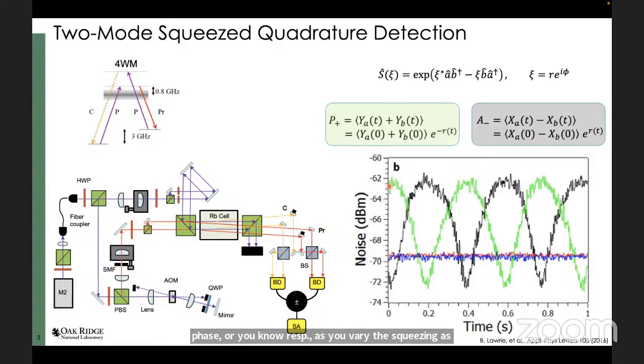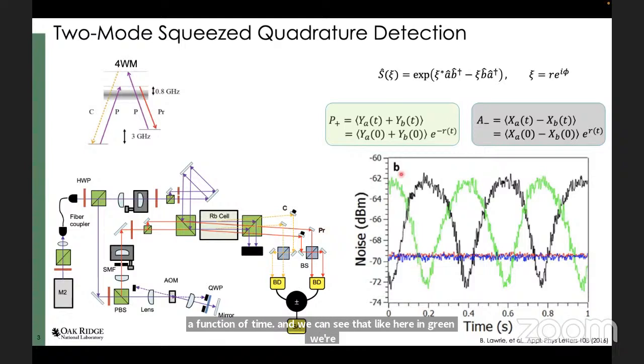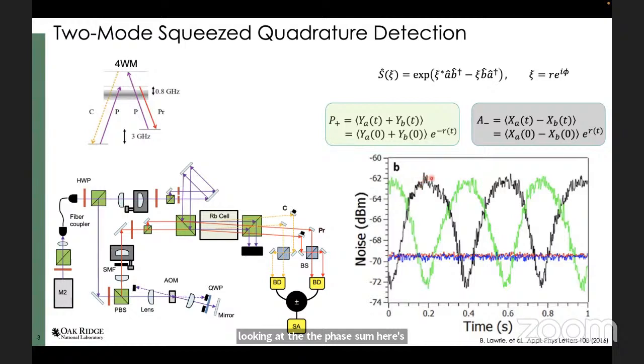And we can see that, like here in green, we're looking at the phase sum. Here is anti-squeezed, and the amplitude difference is, the phase sum is squeezed rather, and the amplitude difference is anti-squeezed.